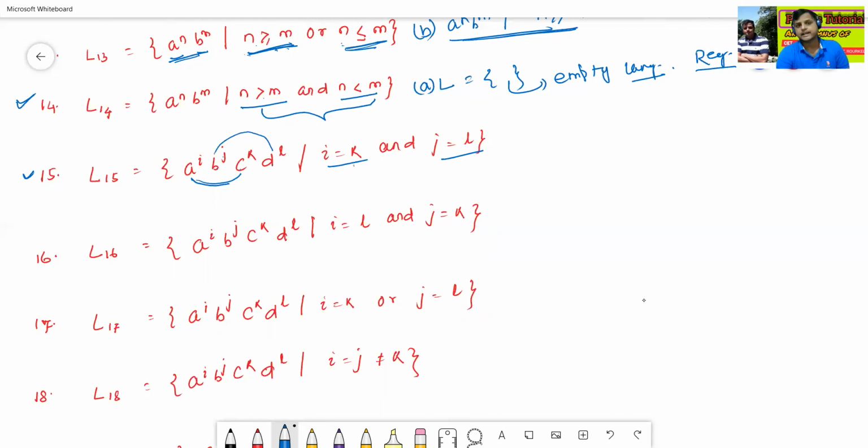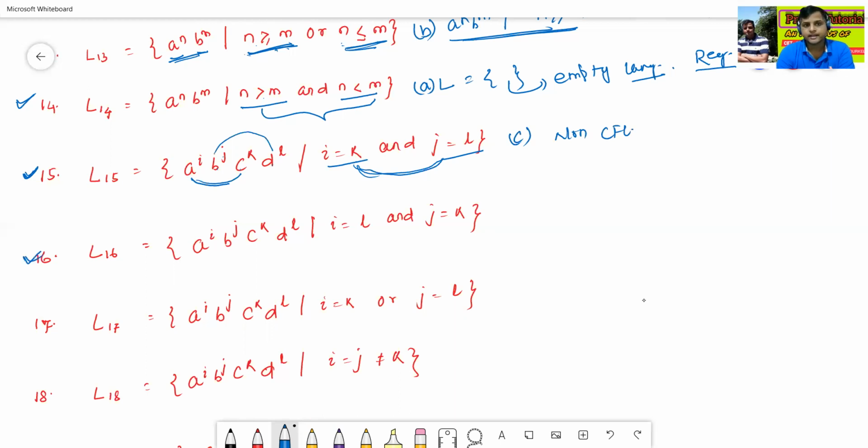Since there are two conditions, two memories will be required to solve this problem. And we cannot construct a push-down automaton for the L15 language. So this belongs to option C, non-CFL.